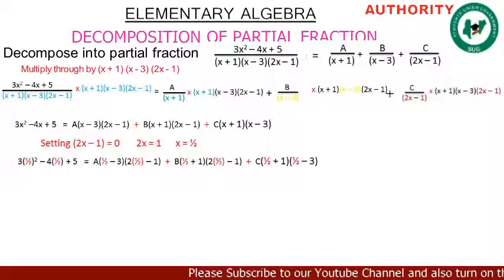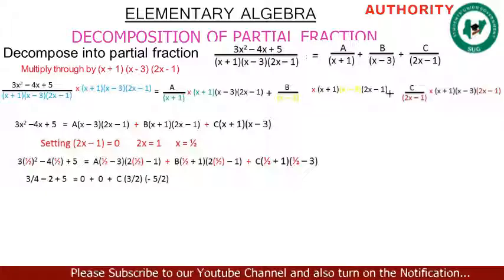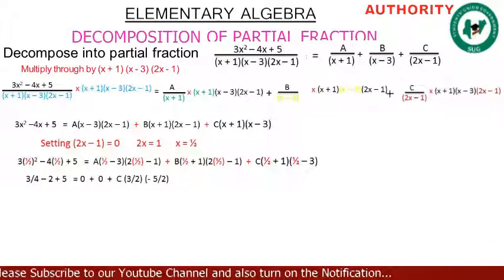Okay, so when you perform this operation, 1 over 2 squared is going to give you 1 over 4, and then 1 over 4 times 3 will give you 3 over 4.